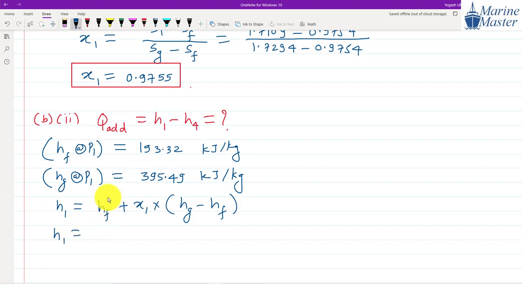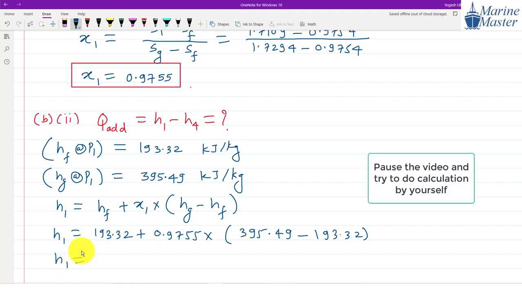So here we are going to put all the values. hf value is 193.32. x1 we just now calculated, 0.9755, into hg 395.49 minus hf 193.32. So please do the calculation and tell me the value of H1, guys.